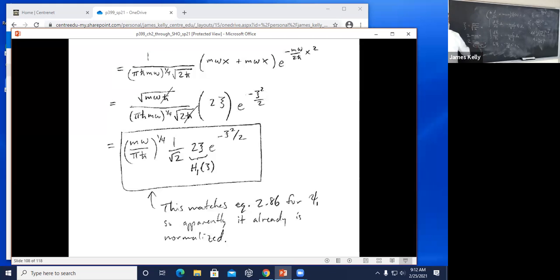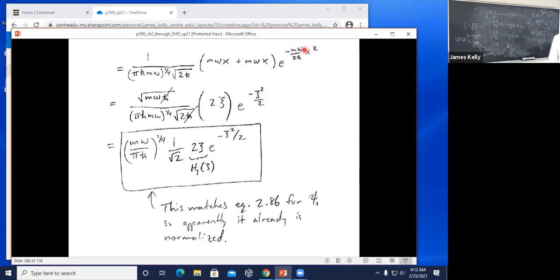And I'm allowed to do that as long as I also multiply by the square root of m omega h bar. That's what's happening in the next step there. I multiplied by the square root of m omega h bar, and I divided by it, and then I simplified in terms of xi. Now all that's left to do is simplify the constants.